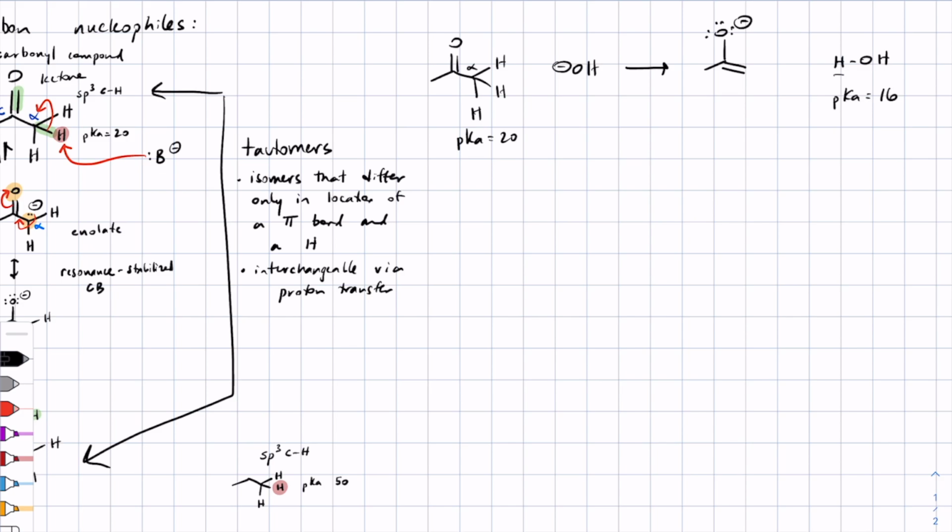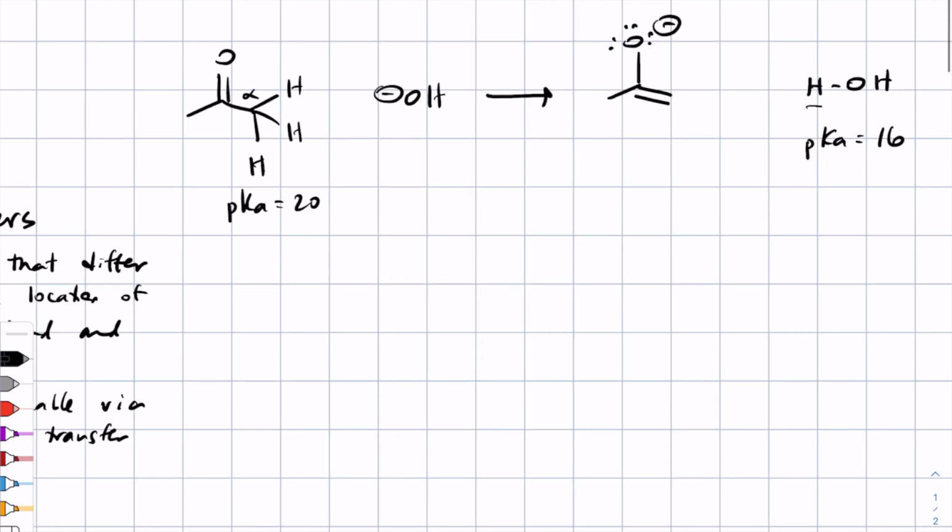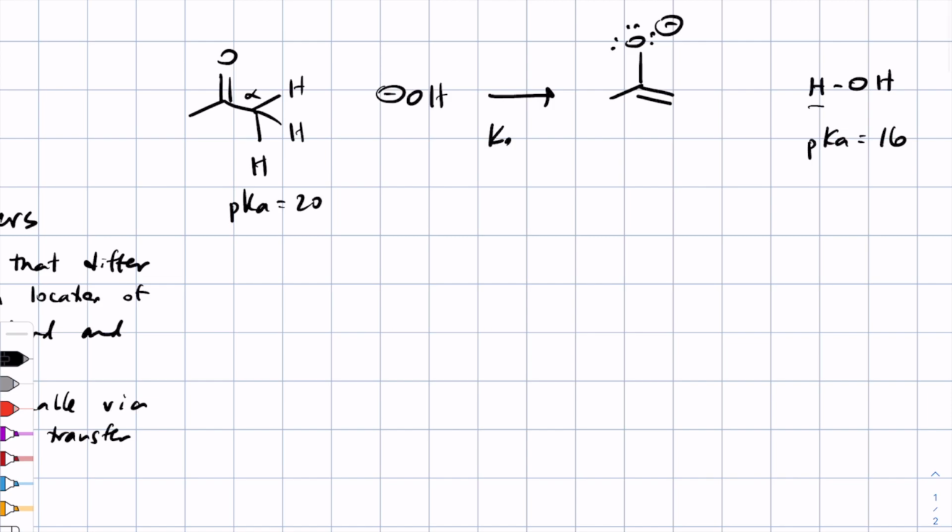The left. And by how much? 4 orders of magnitude. So the equilibrium constant here, if we were to estimate it, would be 0.0001.